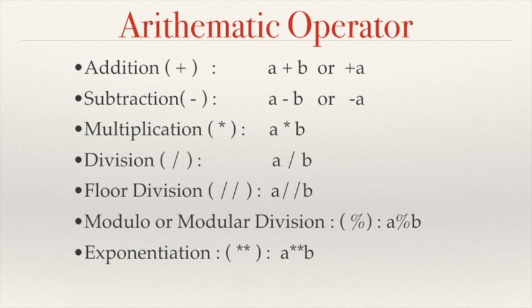As shown in the example on the screen, there is a plus symbol before A, which means plus is used as unary to A. Whereas when the plus is used between A and B, then it is being used as a binary operator.